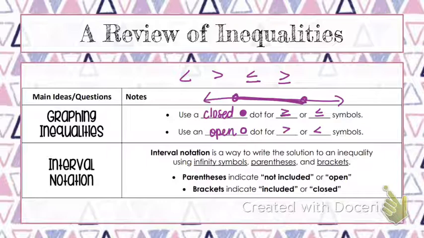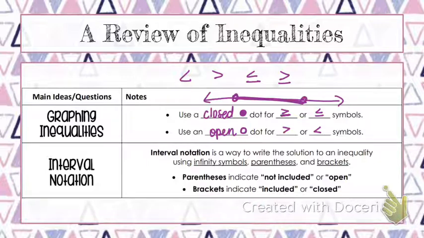So intervals are, let's say the solution is all the numbers between 1 and 5. So we're going to write that interval, and it's either going to have parentheses or brackets or a combination of them.